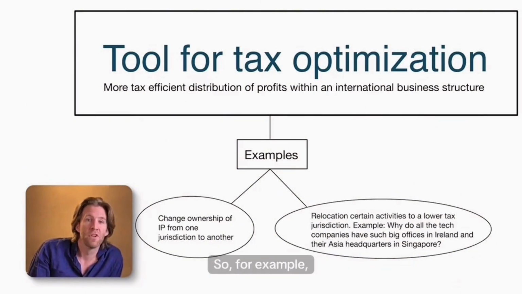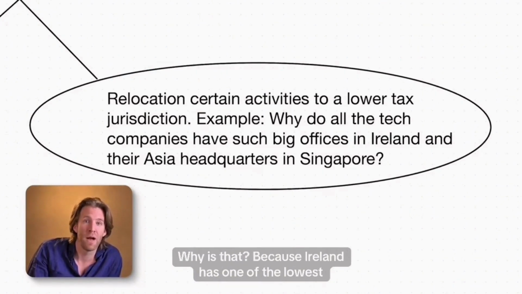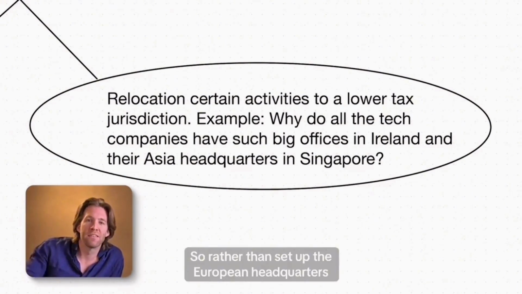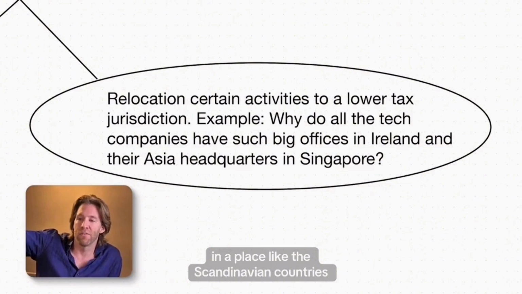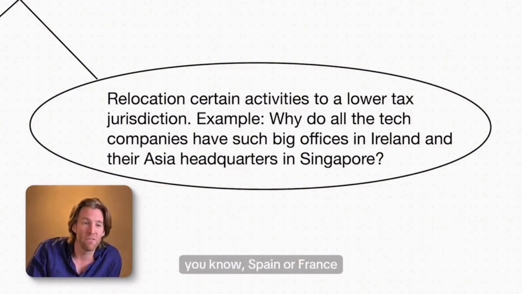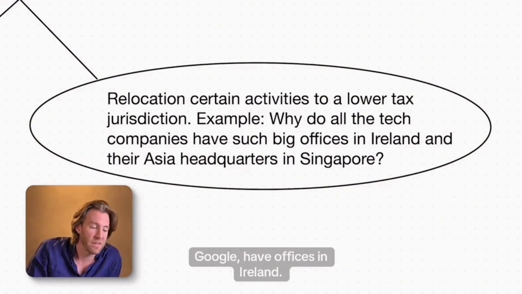So for example, you see a lot of tech companies that have big offices in Ireland. Why is that? Because Ireland has one of the lowest corporate tax rates in all of Europe at 12.5%. So rather than set up the European headquarters in a place like the Scandinavian countries or the Nordic countries, or Spain or France, where corporate tax is much higher, a lot of these tech companies, LinkedIn, Google, have offices in Ireland.